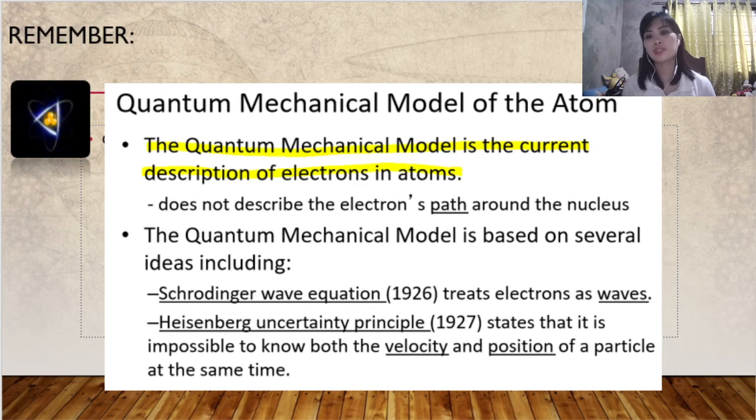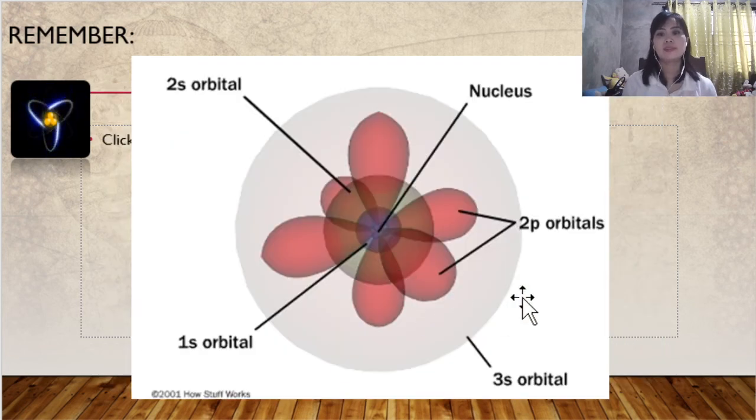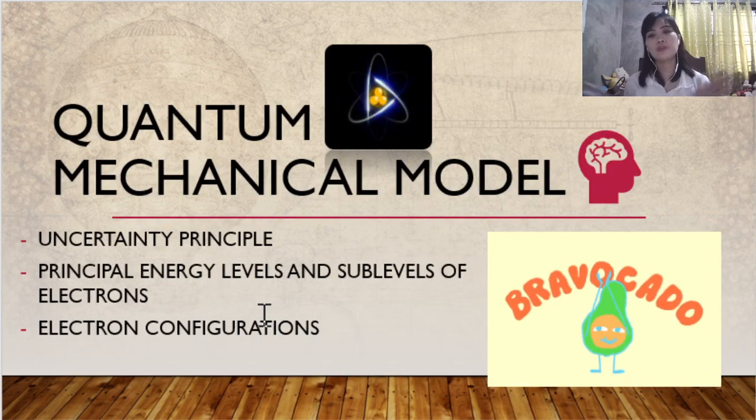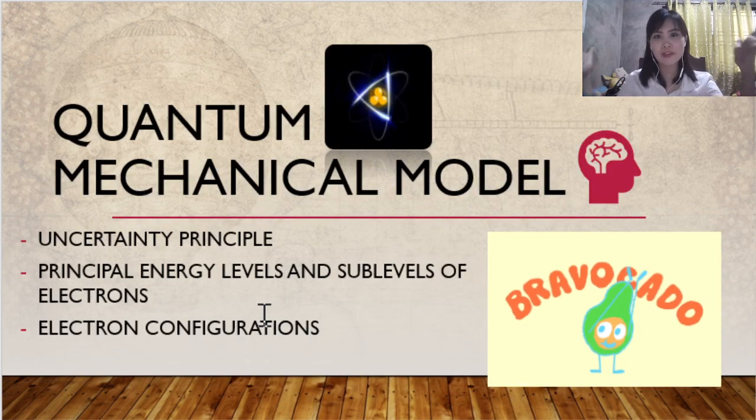So, like Schrödinger, Heisenberg. Okay? Next. Ito yung natin. Do not forget our basic feature ng atom, no? We have 1s orbital, 2s orbital, we have the part nucleus, 2p, and 3s.